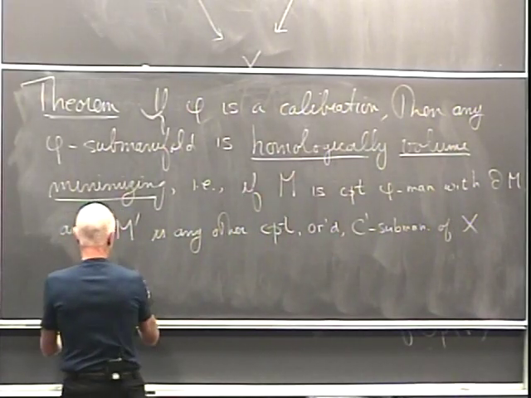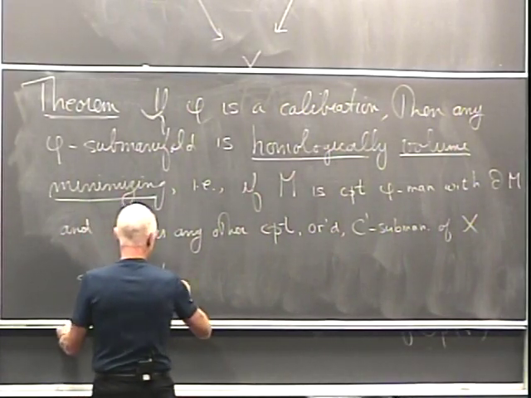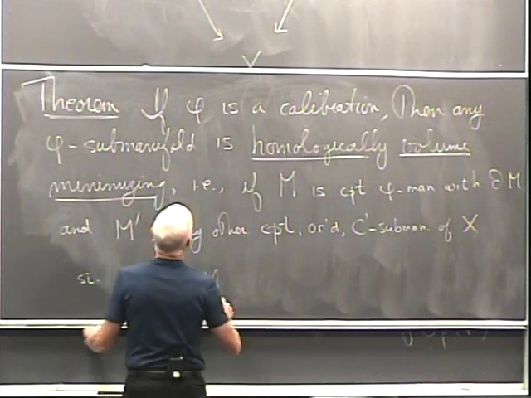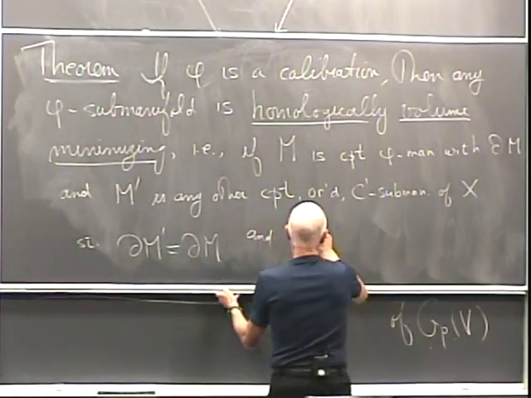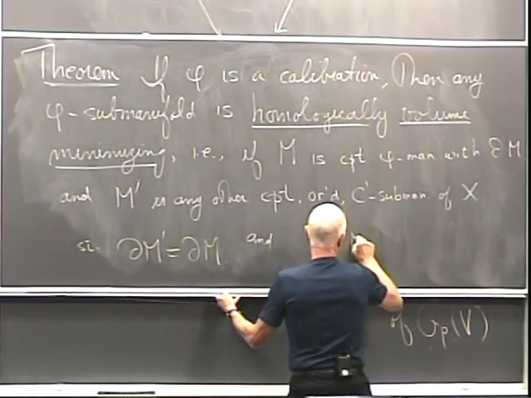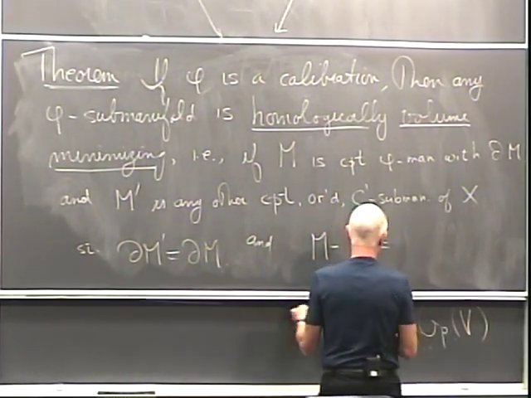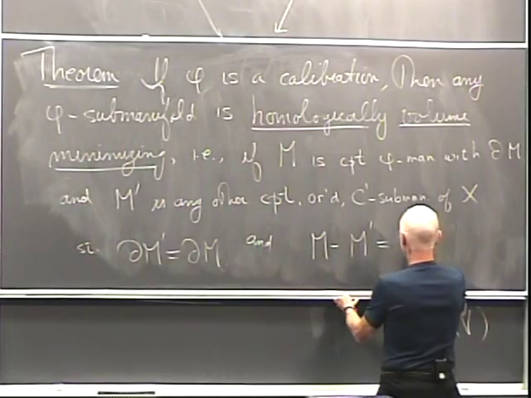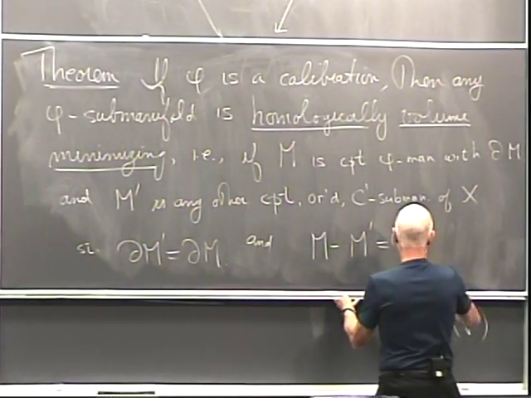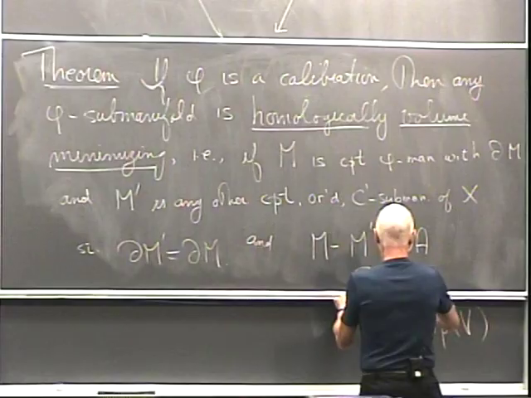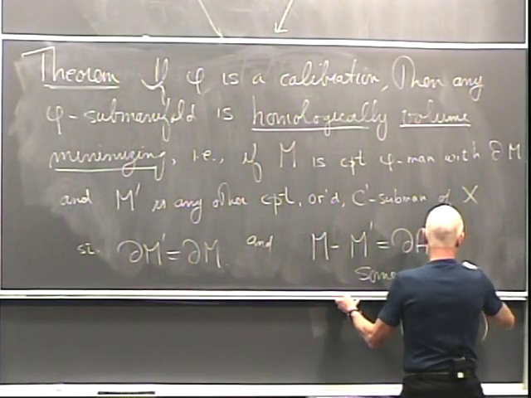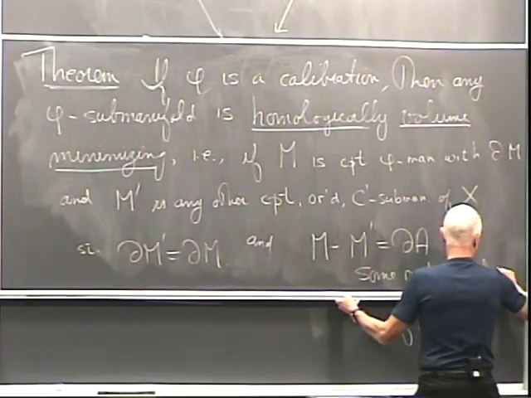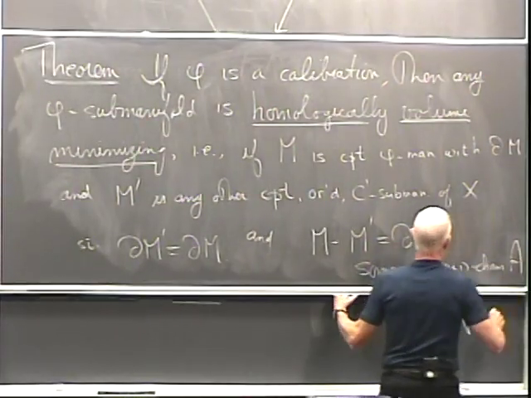So first of all, the boundary of M prime is equal to the boundary of M, and M minus M prime is 0 in real homology. It's the boundary of A for some real (p+1)-chain A.